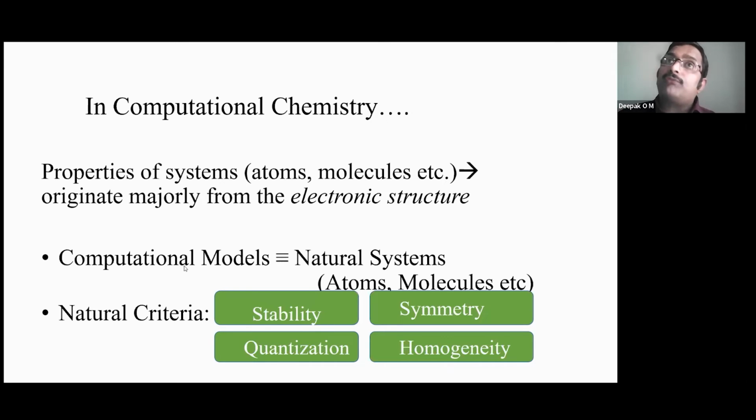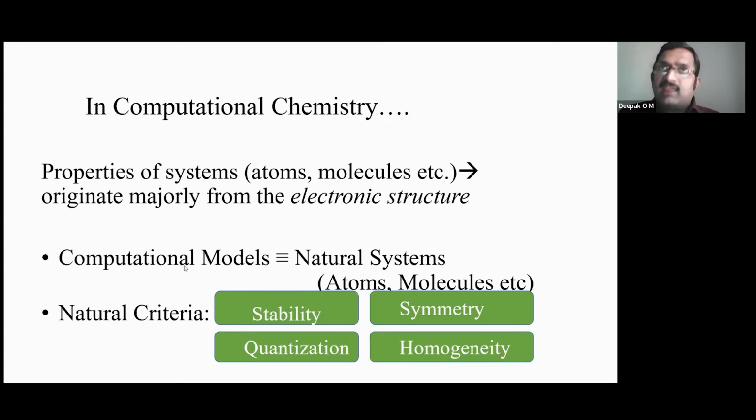There we will be making use of computational models. You don't have a real methane molecule with you, but you have a model of the methane molecule that you have constructed using mathematics within your computer. Integrating the methods of mathematics with the structural aspects of chemistry, you can make models. You call them computational models.